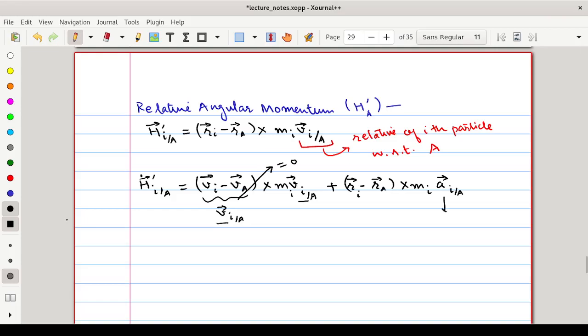And what about this term? Ai slash A can be expanded into ai minus aA.